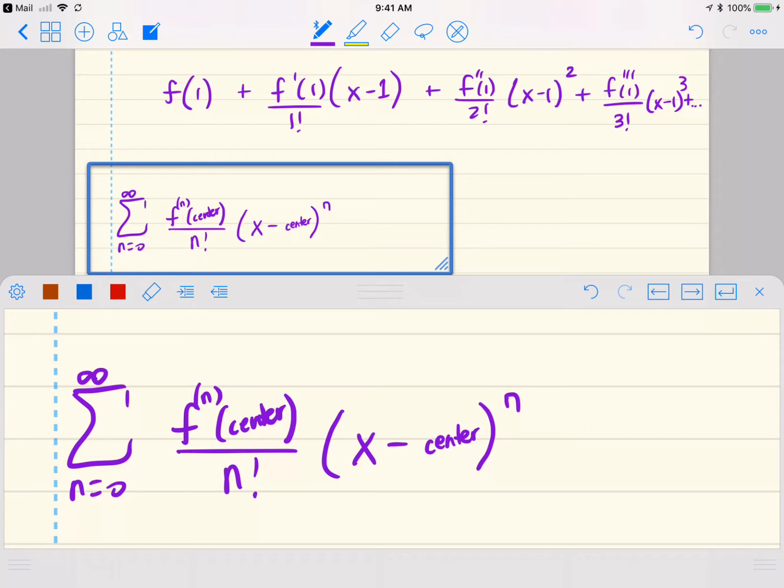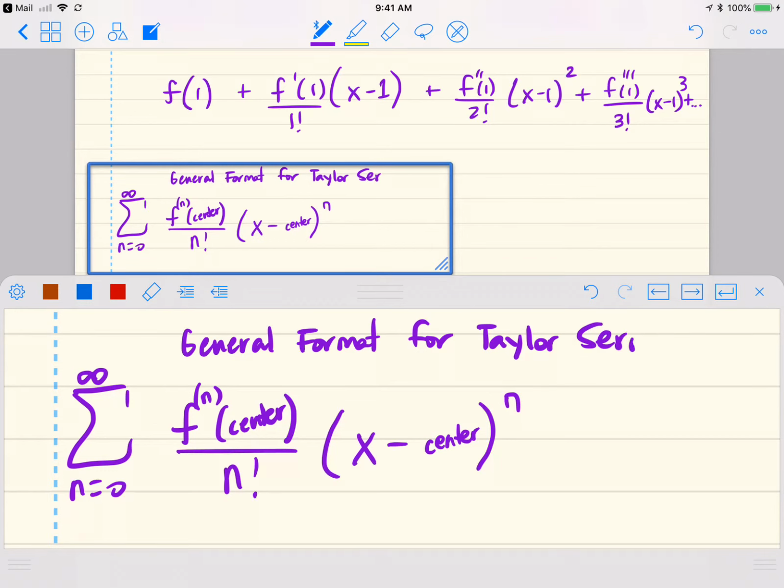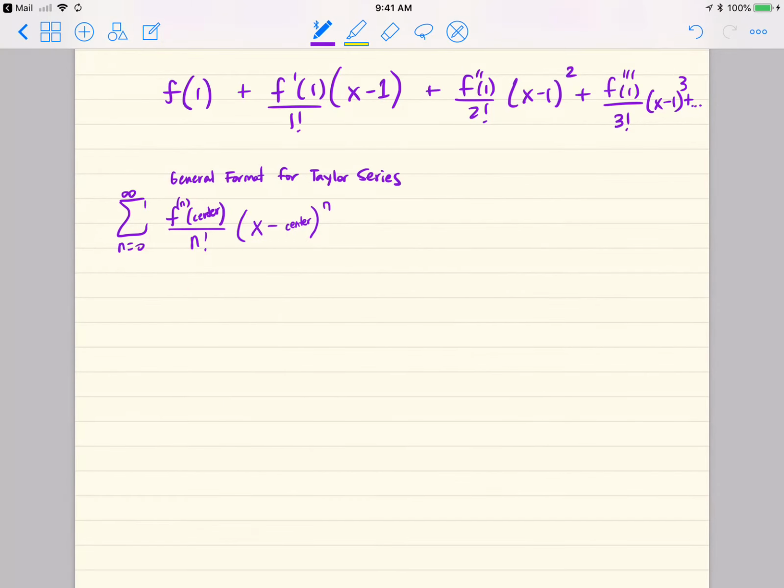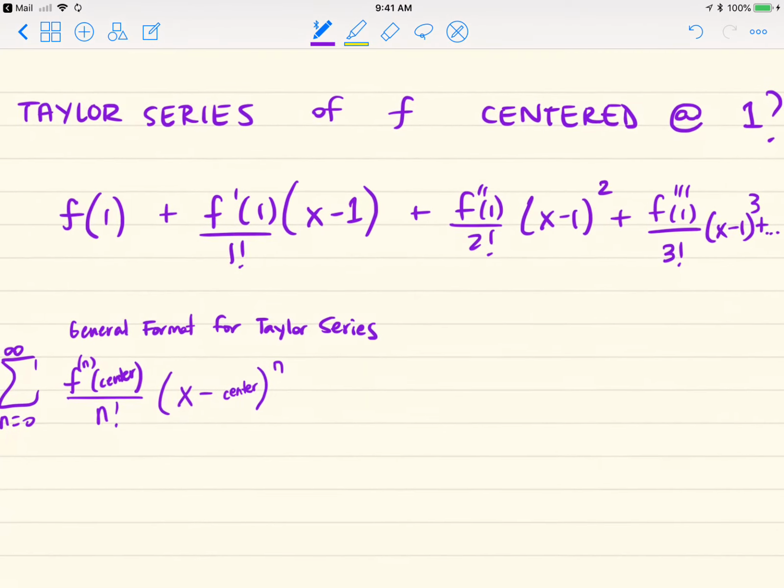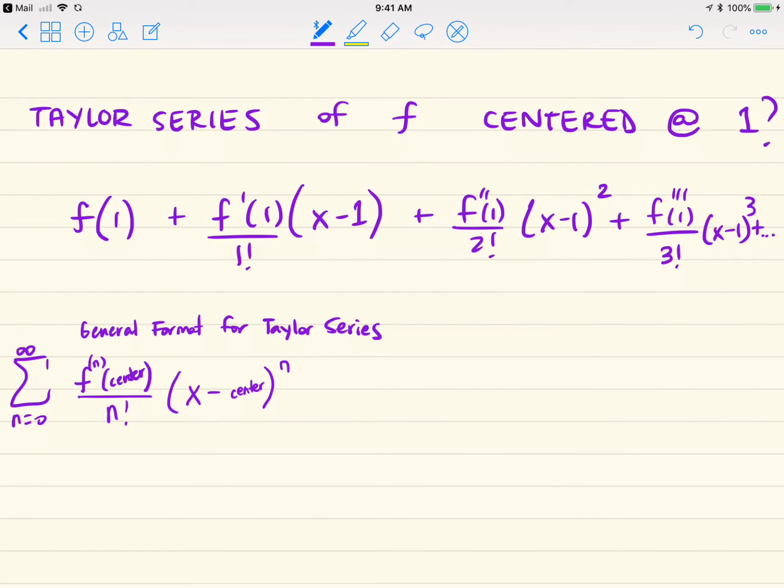Okay, so this is our general format for a Taylor series. And since our center is 1, we get f of 1 plus f prime of 1 times (x minus 1) plus and so on.